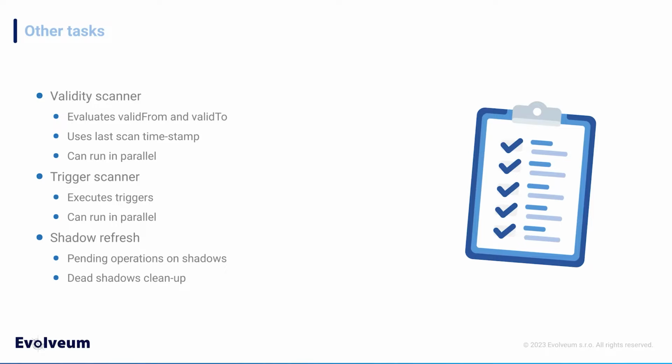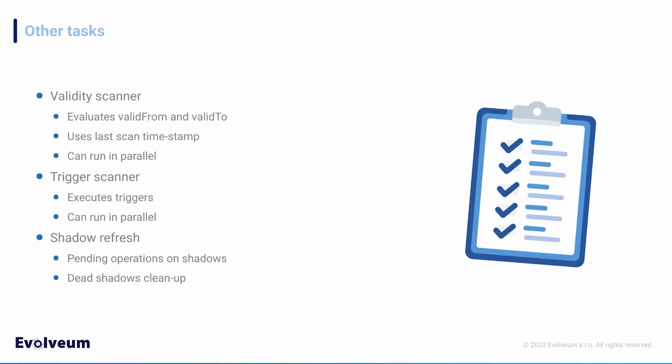How it works is that it uses a last scan timestamp, so it remembers when it was executing previously, and it will take everything from that moment until now, and everything in range in valid from and valid to will be executed.